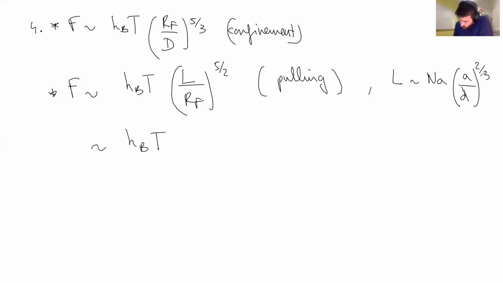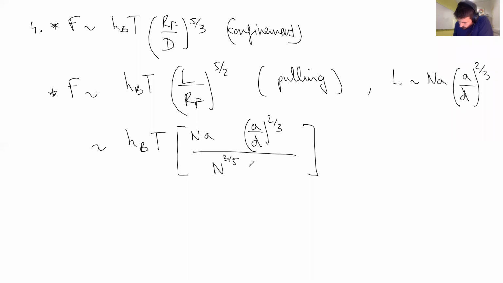So now I can plug that in the free energy, and so I have Na, a over D to the power 2/3, and then I have N^(3/5) over a to the power 5/2. Okay, so I can play a bit with this expression.